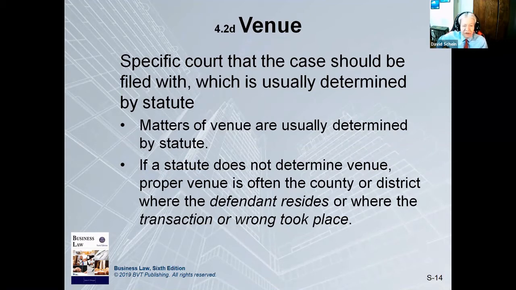But if everything in the case took place in Harris County, you could do a change of venue to say, hey, judge, this guy did this in order to irritate us or because he thought he was going to be a smart aleck. But we're all here in Houston, and the case shouldn't be filed in El Paso. So what happens is the case does not get dismissed. It just gets moved. It's called a change of venue over to the courthouse in Harris County where it should have been filed in the first place.